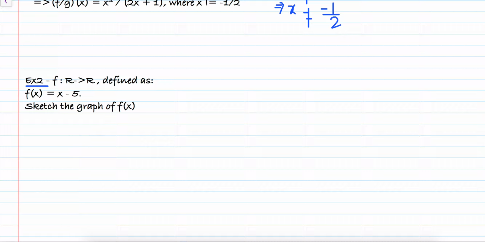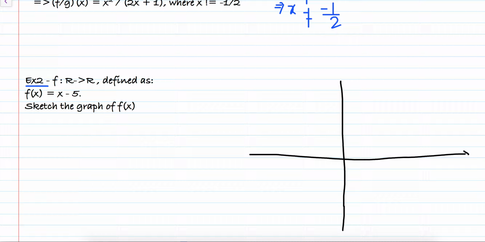So if this is our x and y axis, so this is x, this is the negative x axis, this is y, and here we have the negative y axis, and this is our origin. So we can draw a table.